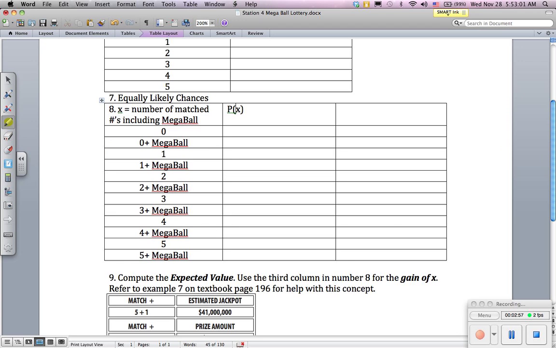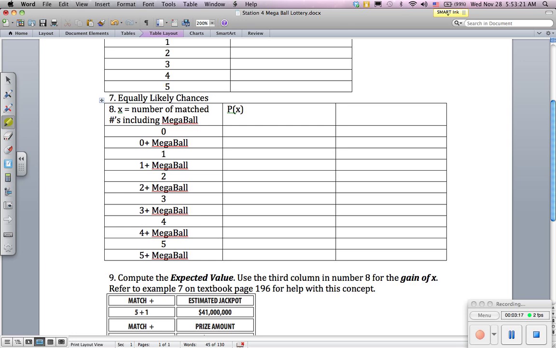You can match 1 of the 5 numbers, or you can match 1 of the 5 numbers plus match the mega ball. So that changes the probability. It changes the denominator that you used in number 6 because you have more possibilities. That's a very big hint right there.